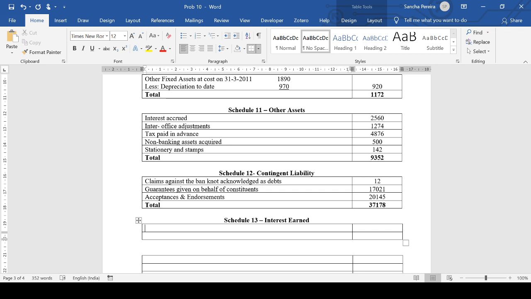We have three items: interest/discount on advances/bills, which is 31143.